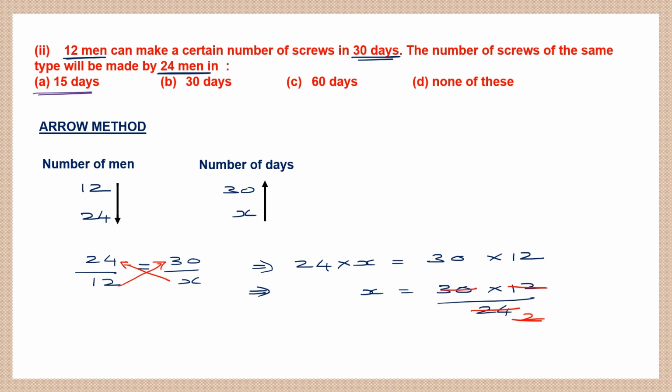Cancel 2 and 30. 2 into 15 is 30. So we have found the value of x and x is equal to 15. So what have we found? We have found the number of days, because it comes here, isn't it? The number of days that 24 men will need to complete the same number of screws, the same type of screws.